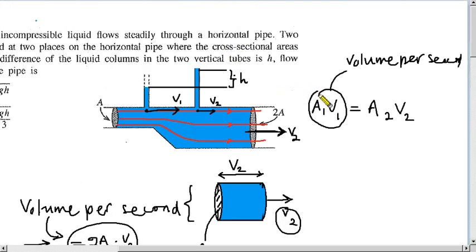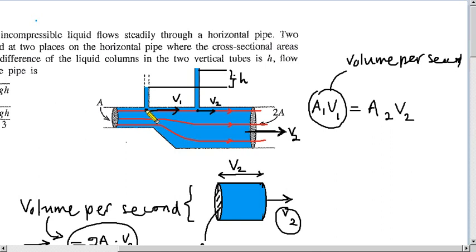So the volume per second at point 1 must equal the volume per second at point 2 here, because no water is leaking from this tube, no water is coming into the tube.